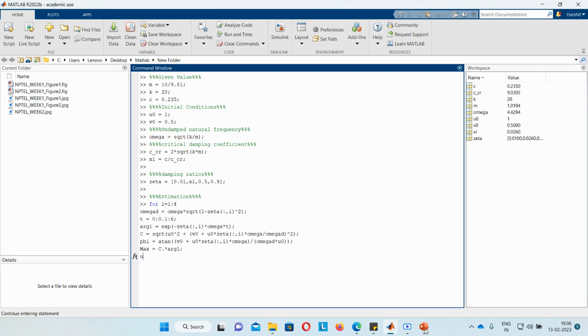Okay, and now since we have estimated all the parameters, we can define u for each damping ratio. What is the displacement? We can define it with the relationship that we saw: c into arg1 into cos of omega d times t minus phi.